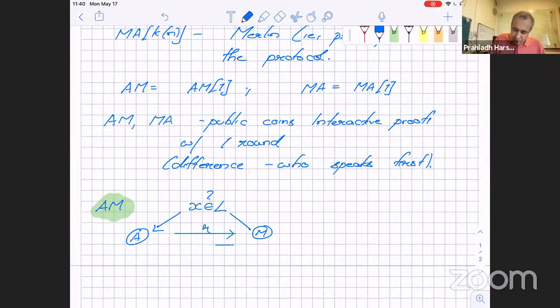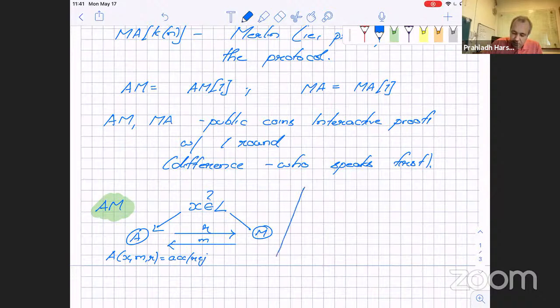Then Merlin responds, and then Arthur, based on x, m, r, either accepts or rejects. That's the entire protocol. It's just one round.